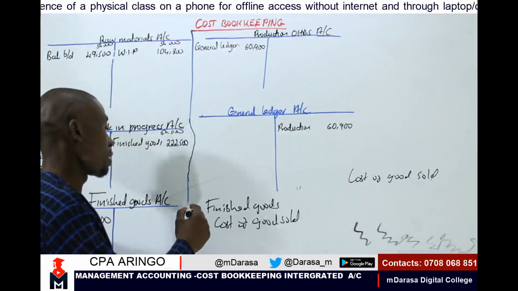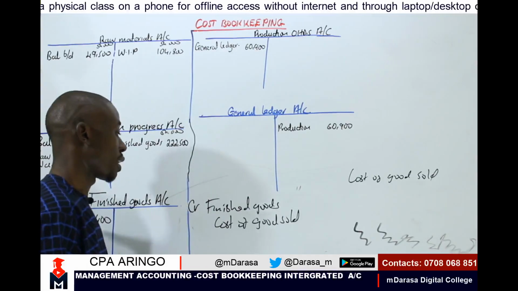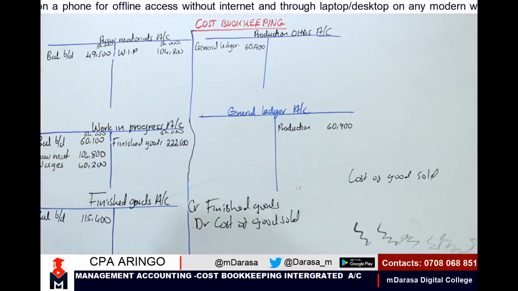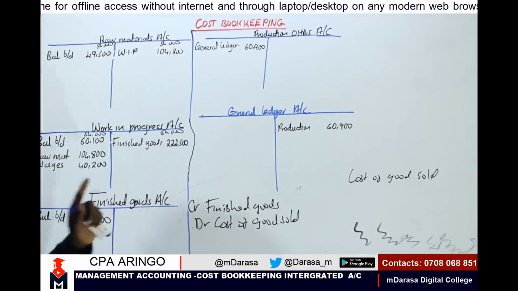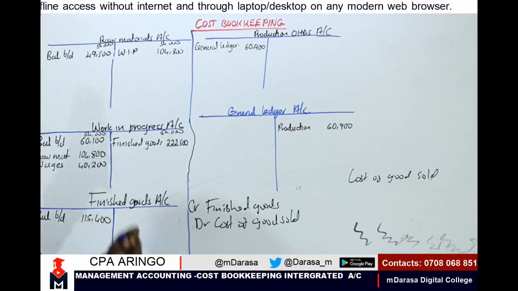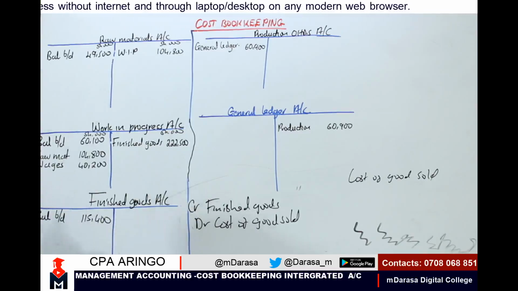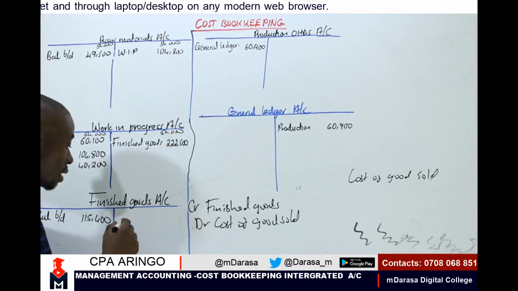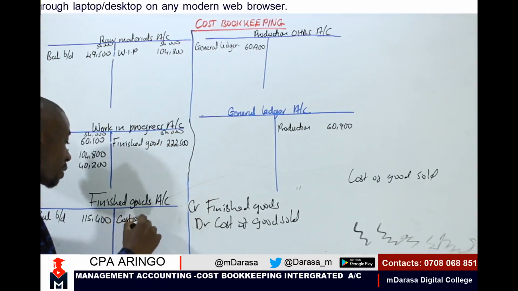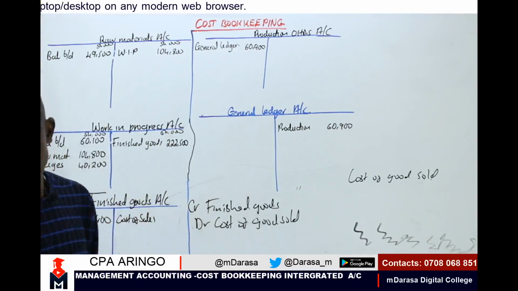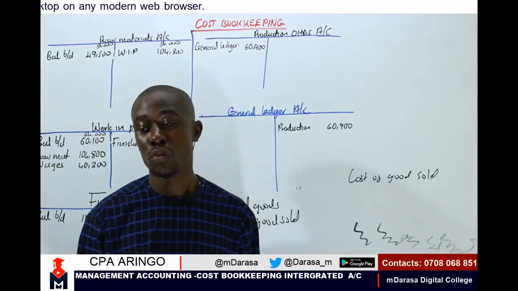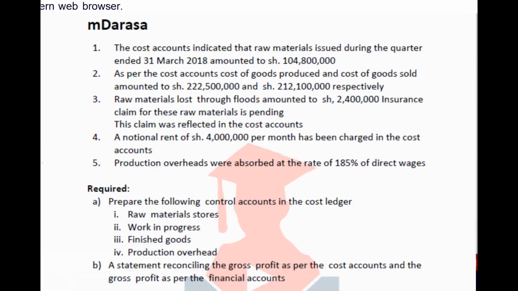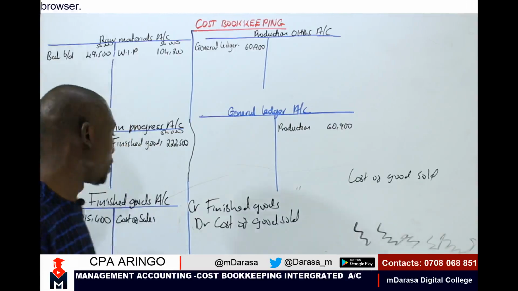Meaning that at this point, I'm going to credit finished goods account and debit our cost of goods sold. So to record that transaction, I'm going to credit our finished goods and debit our cost of goods sold. So finished goods, I should be having our cost of sales at this point. And for cost of sales, I was given 212,100. So I'll be having 212,100.